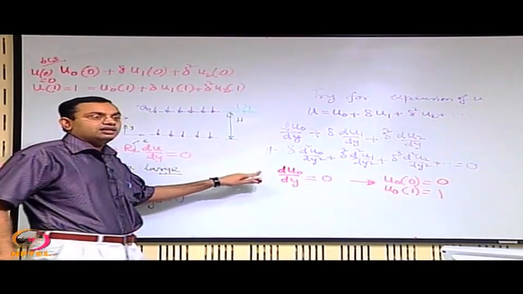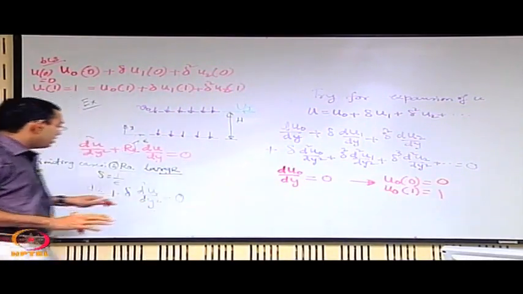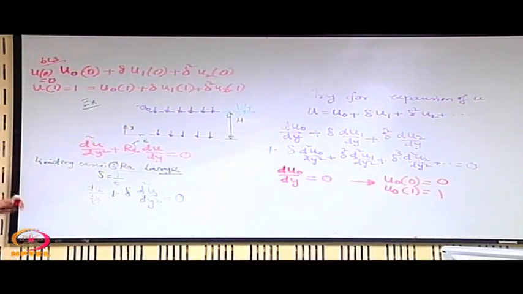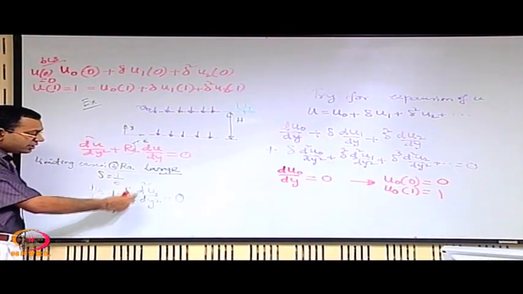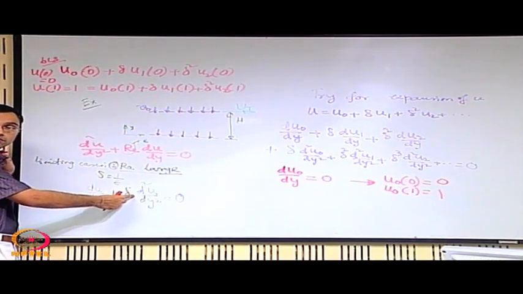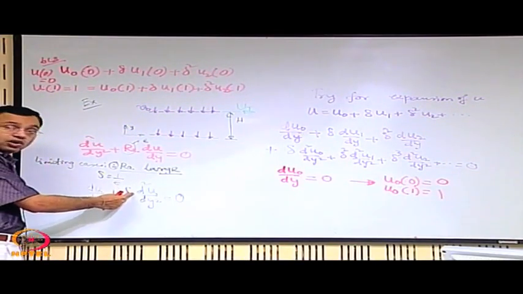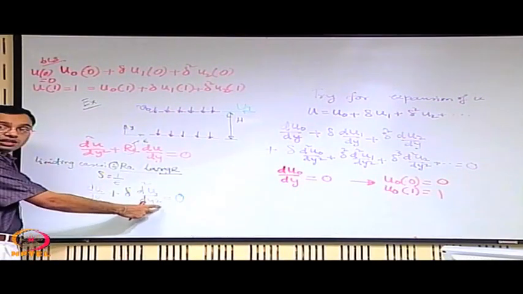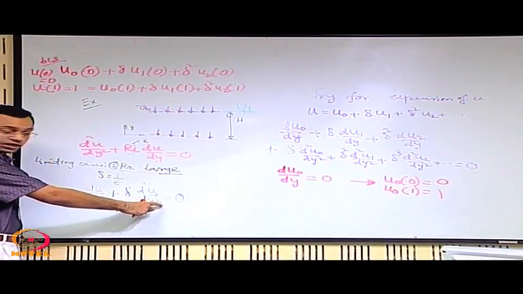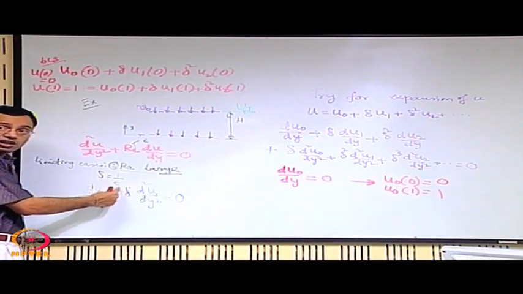Where are we lacking here? See, as I was telling you as a part of the boundary layer theory, you have the coefficient of the viscous term that may be small in comparison to the coefficient of the inertia term. This is like an inertia term, this is like a viscous term, okay. So this coefficient is small.